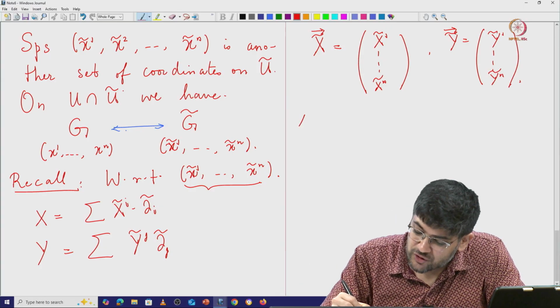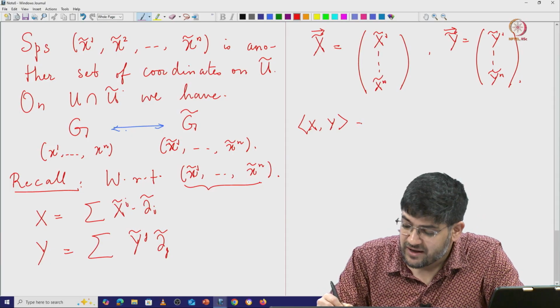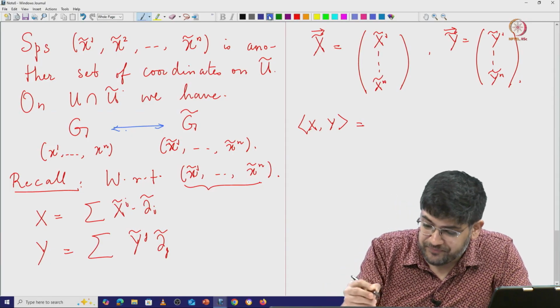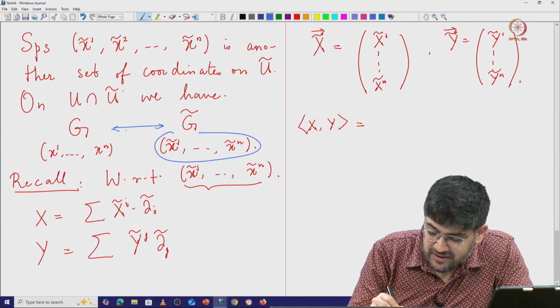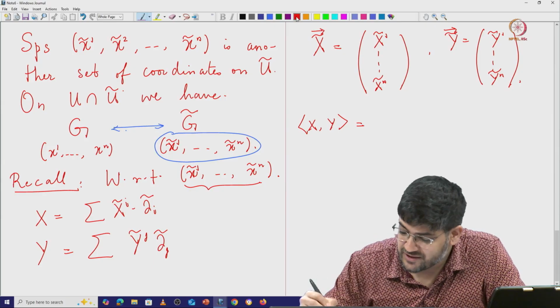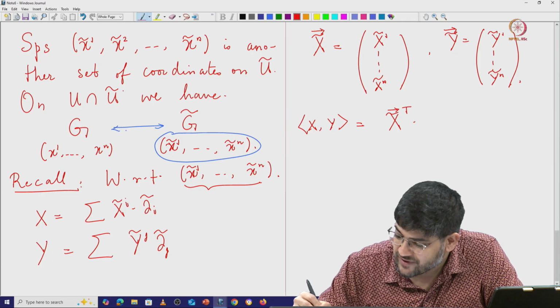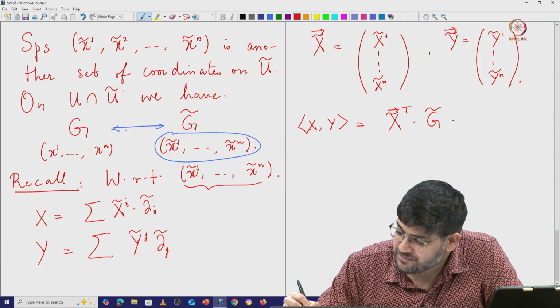Okay. So then what is the inner product of X, Y? If I use this coordinate system, then this is precisely the transpose of this vector times G̃ times this vector, right.